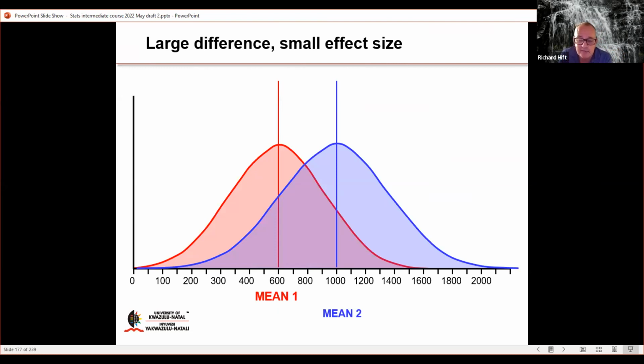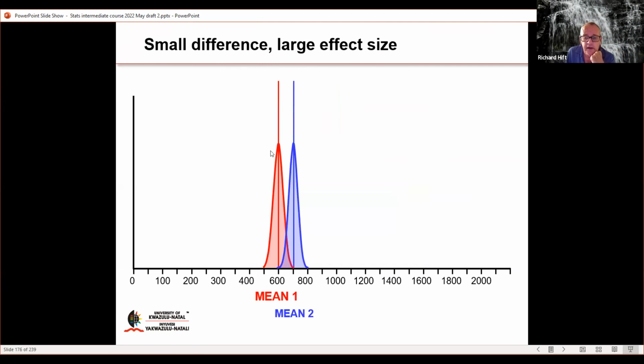And you can see that even though the gap here is 4 times bigger, it really doesn't look nearly as impressive. In the first case, with the second mean, just about every member of the sample is completely different to the first sample.